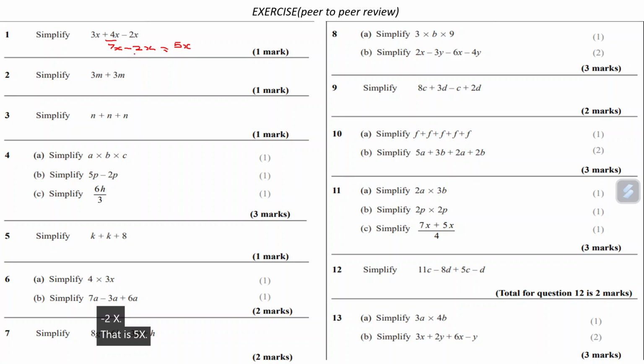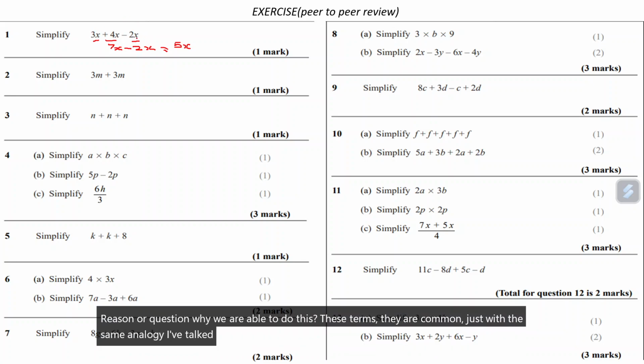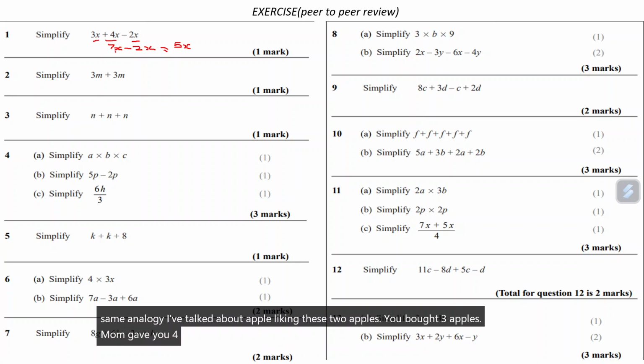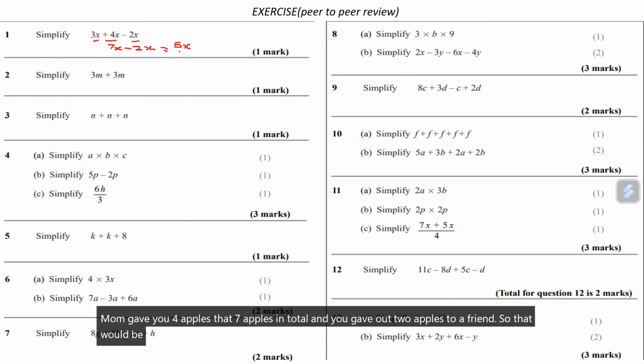The reason we're able to do this is that these terms are common. With the same analogy I've talked about, liken this to apples. You bought three apples, mom gave you four apples, that's seven apples in total, and you gave out two apples to a friend. So that will be take away two apples, that will definitely be five apples remaining with you.